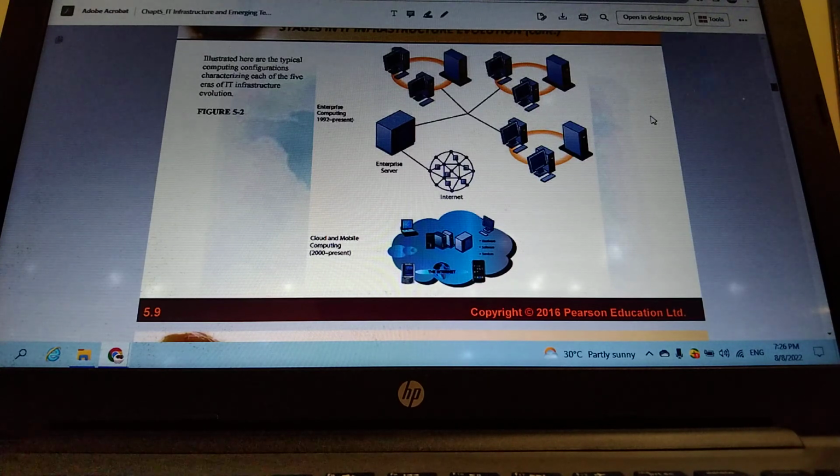All are starting to get connected to the network, and you can communicate with all these devices either synchronously or asynchronously. So this is what we call the cloud and mobile computing architecture.